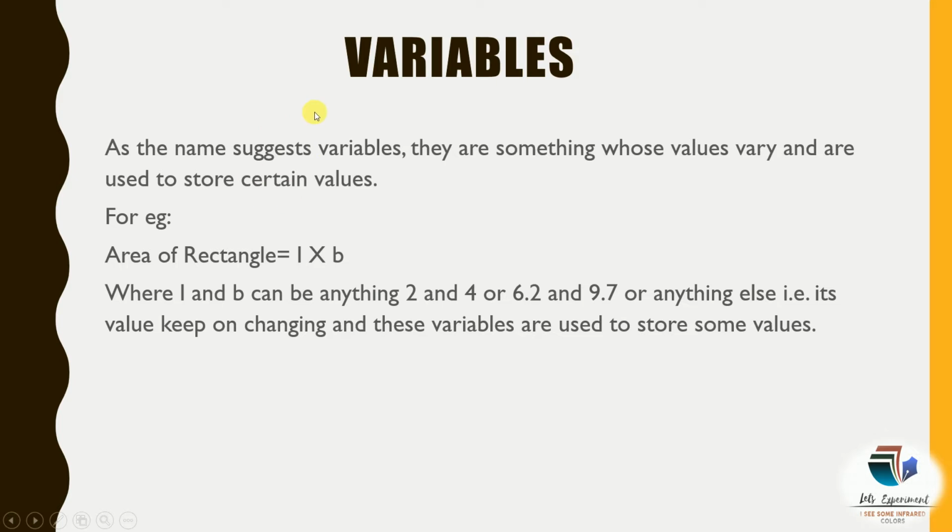So as the definition suggests, variables are certain things that store values, and their values vary. Like in this case, you can store different values in this, but yet you will get the area of the rectangle, right? So the definition of variable is clear, I hope.